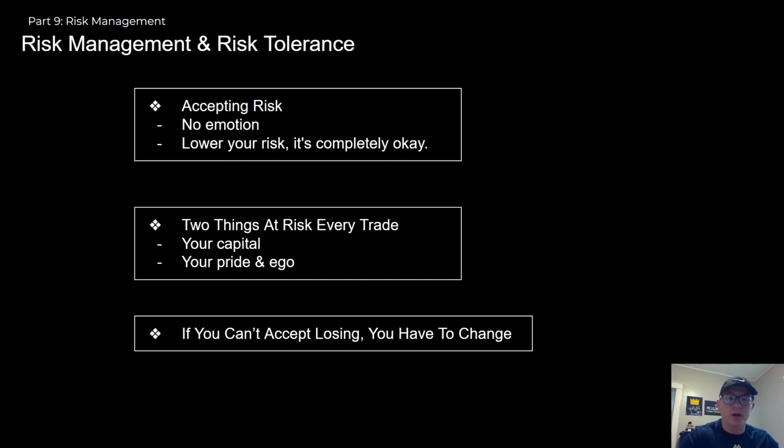It's still a good risk percentage, but if you can't look at that number and be comfortable with potentially losing $5,000 on that position, comfortable meaning no emotional involvement, just straight logic, then you need to lower your lot size. That's part of risk management: being able to accept that risk.